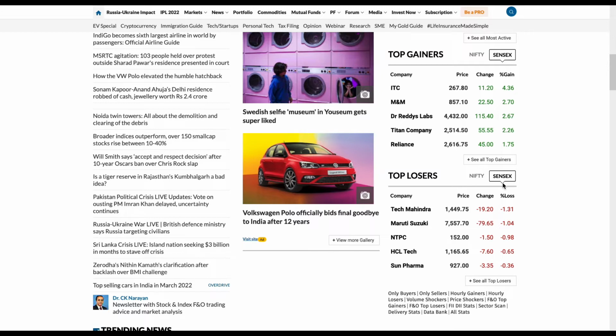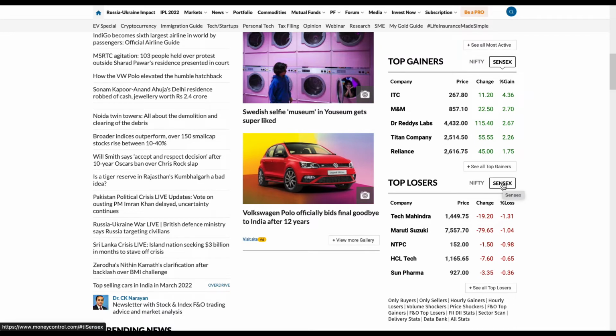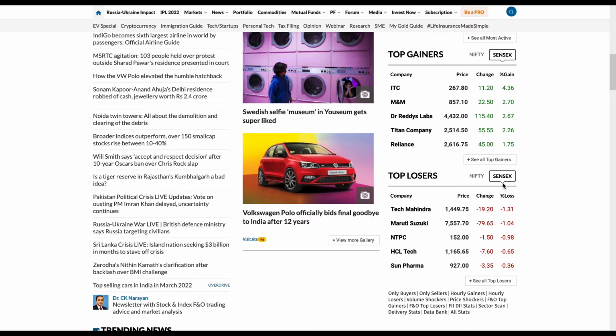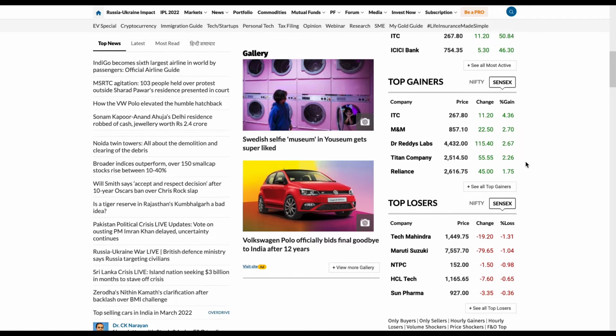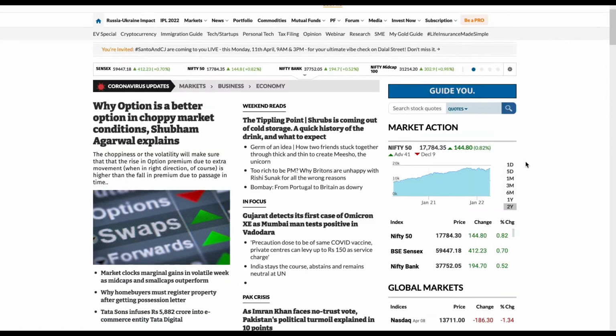And typically these top gainers and top losers always change because it depends on the market sentiments and the market scenarios that determine these prices. So maybe today Tech Mahindra is in the loss, it can also turn into a top gainer sometime soon, right? But it depends on how the market behaves and what the investors are willing to invest.